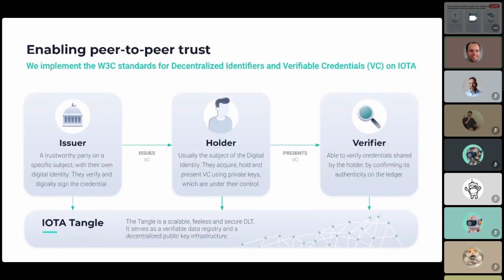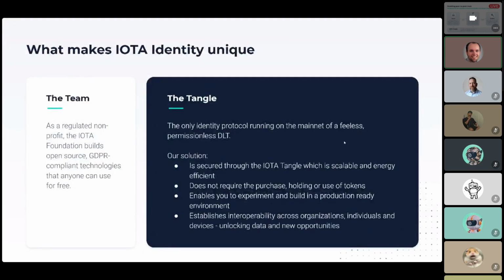So that could hold not just what bachelor degree I have, but it can contain the courses that I took, the grades that I have gotten, anything that you can think of. As long as it fits in a JSON file, it fits in a verifiable credential. And that's basically the main essence of how you would want to use identity for any of your applications.